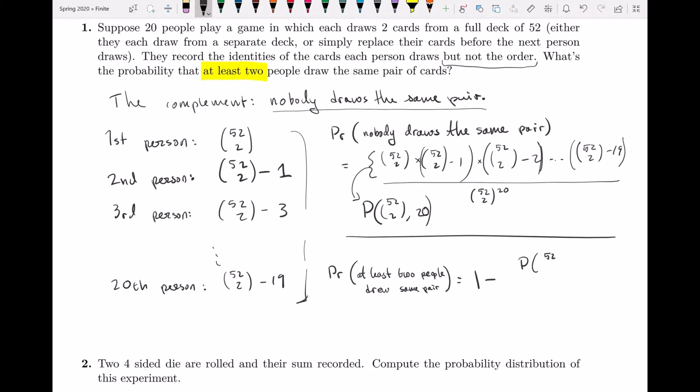So 52 choose 2 permute 20 divided by 52 choose 2 to the power of 20. And that is roughly, I did this calculation, roughly 13.4%. So it is roughly 0.134.